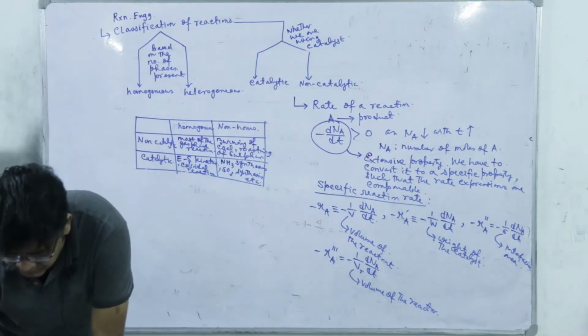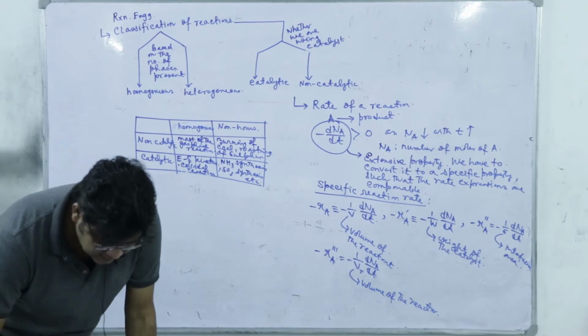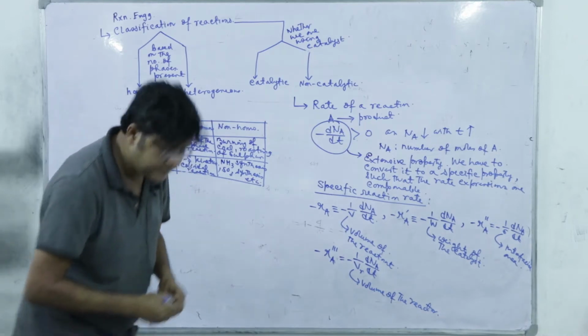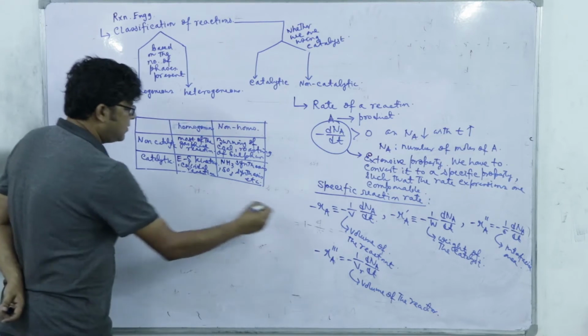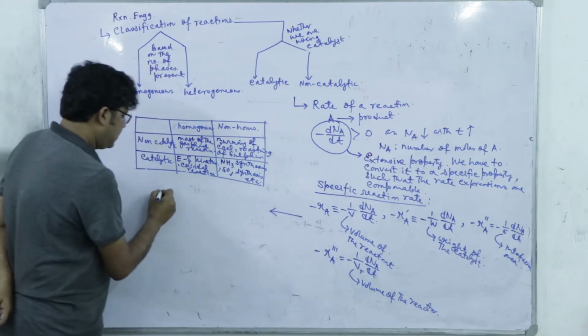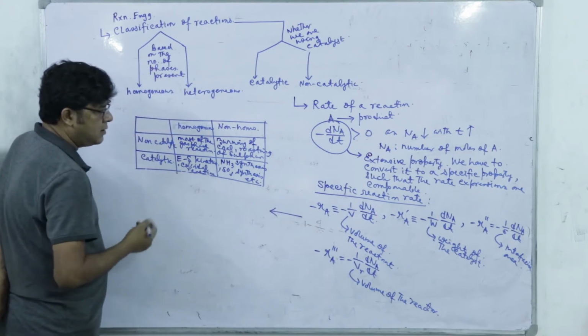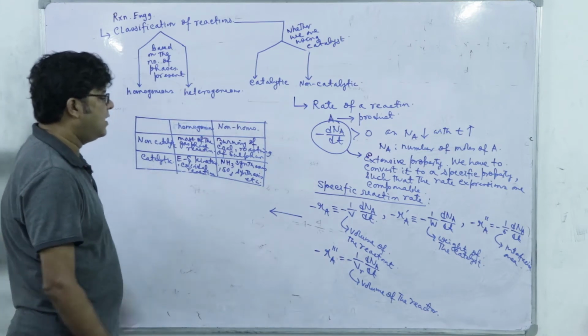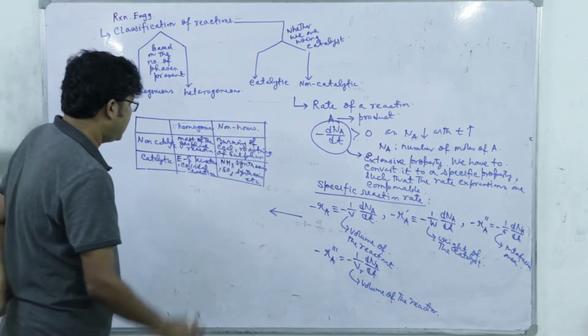Okay. So, based on this idea, we can write from here what is the equation relating RA to RA prime to RA double prime and RA triple prime.